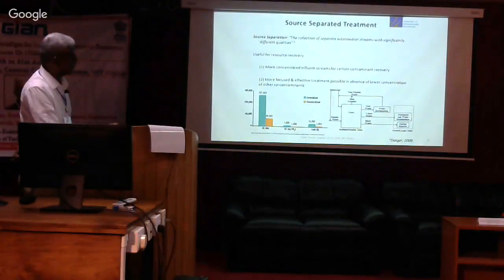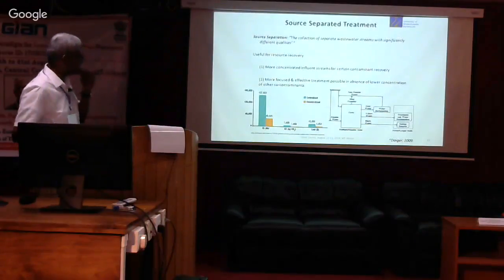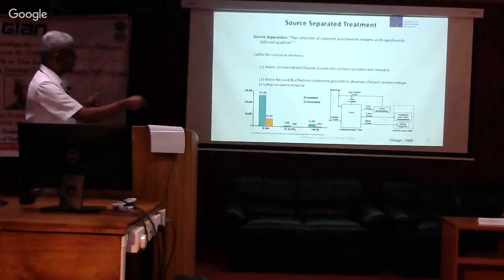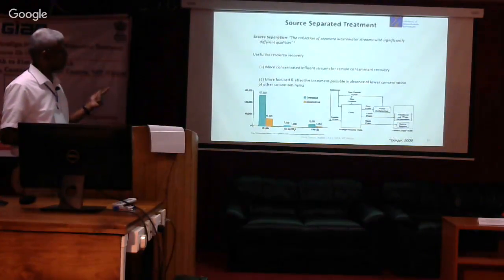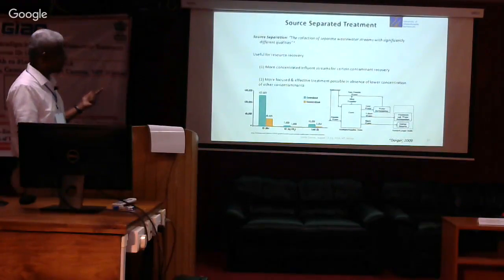And in terms of cost, which is of course the final consideration, if this costs 6,000 units, this costs more than 80,000. So what I'm trying to say is that when we do source separated treatment, then we can look into on-site or decentralized treatment, and that gives us advantages in many ways.